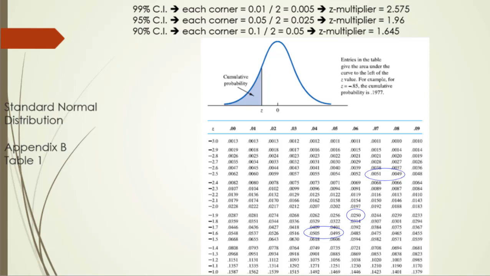The z-multiplier for 90% confidence level is positive 1.645. For these three commonly used confidence levels, when the population standard deviation is given, the z-multipliers are these three numbers found on the z-tables. I would recommend you to memorize these three numbers so you don't have to look up the z-table every time you work on a confidence level estimation problem.